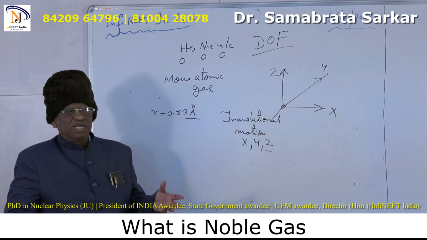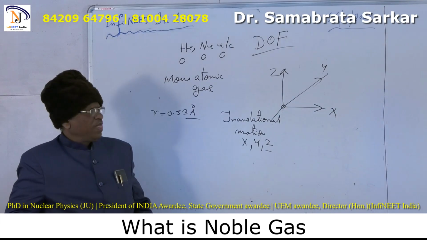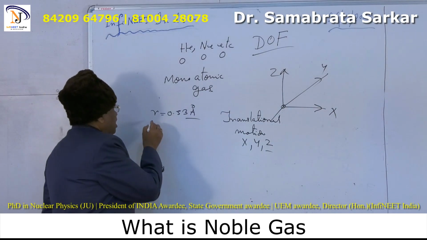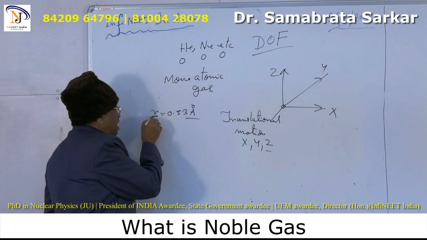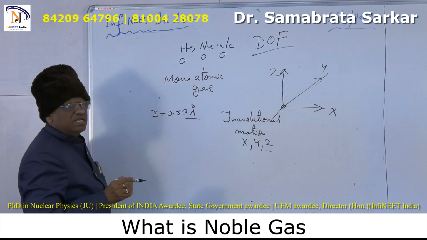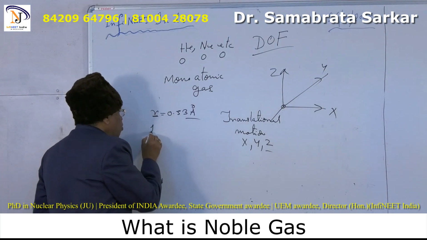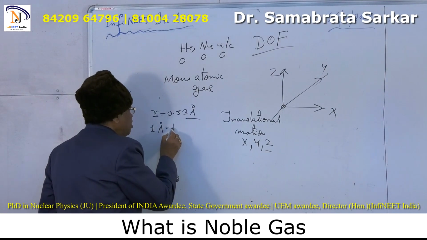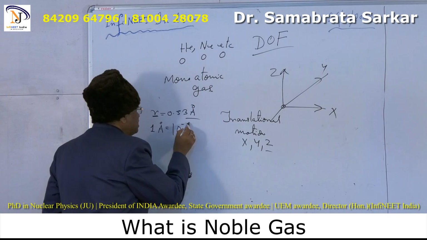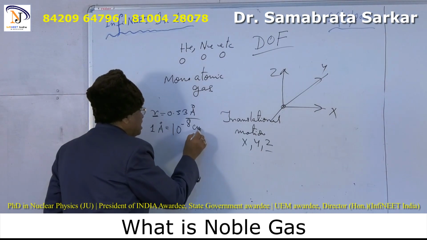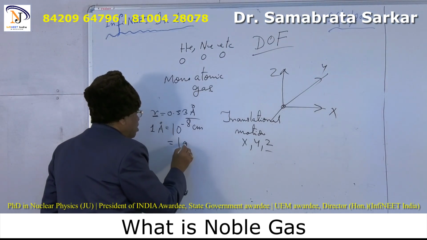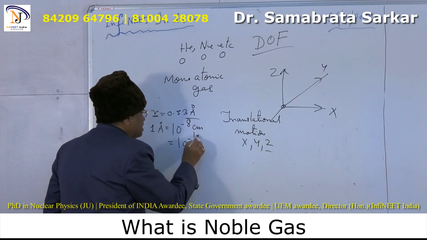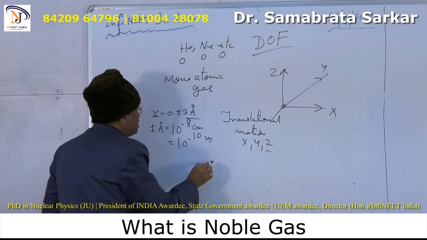Then it has a dimension, R is its radius. And you all know 1 angstrom is equal to 10 to the power minus 8 centimeter, which is equal to 10 to the power minus 10 meter. Am I clear?